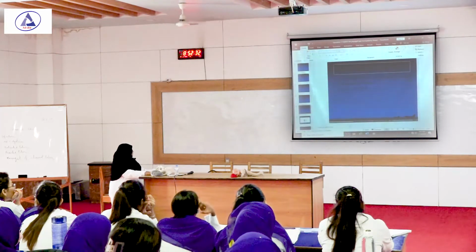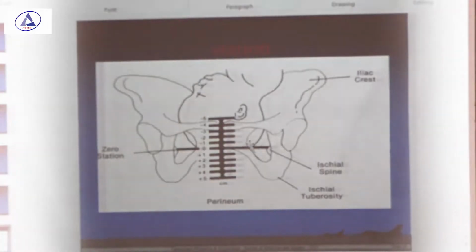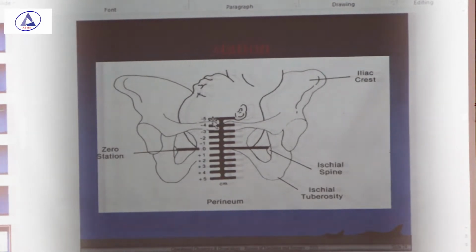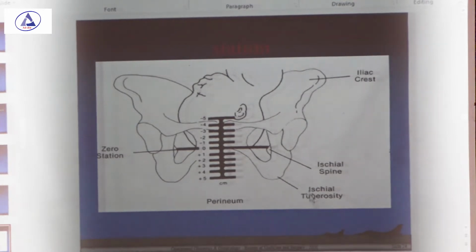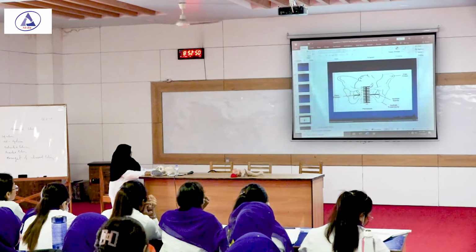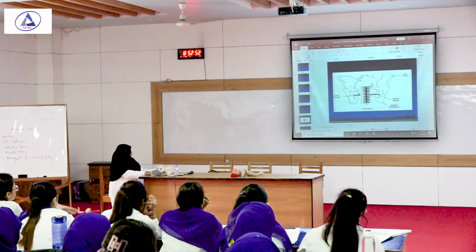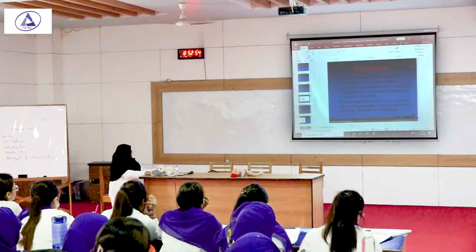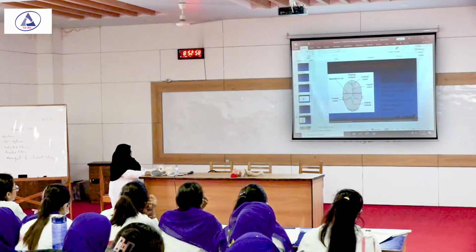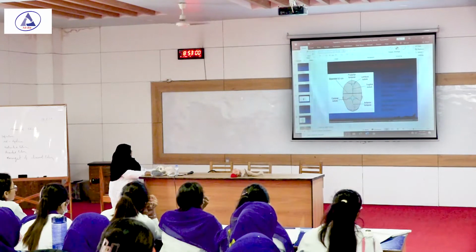So I already told everything, I hope. You see this is the ischial spine level, 0 station. If above this, minus, it is not engaged; if it crosses below this, it is plus station. Engagement: I show you the sagittal suture, the anterior fontanelle, and this is the coronal suture.